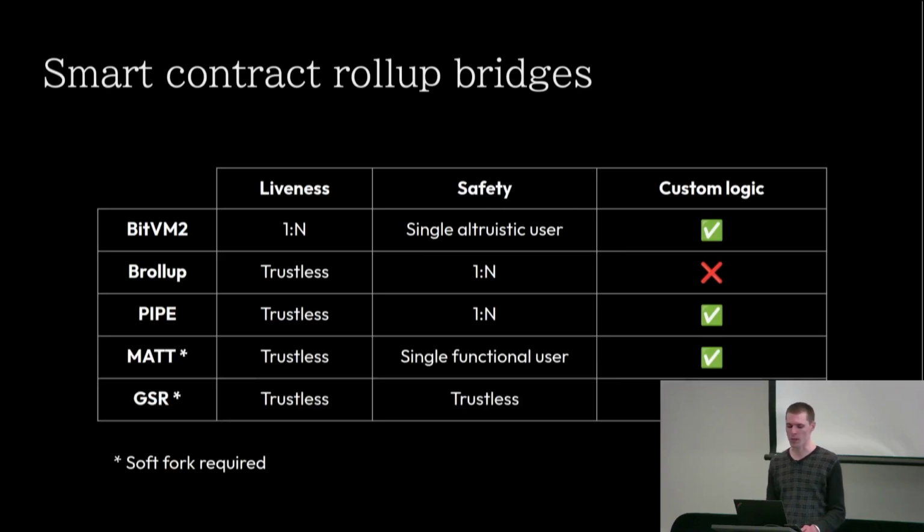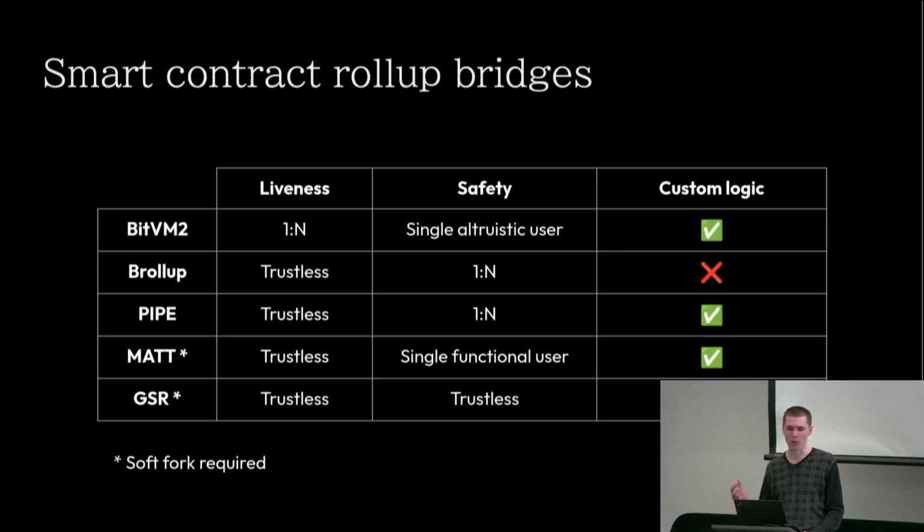Now, if we look at some of the bridge designs that have been proposed that require a soft fork, one is MAT. This would be useful for optimistic smart contract rollups. In this case, they also have trustless liveness guarantees because users can unilaterally exit from the bridge.